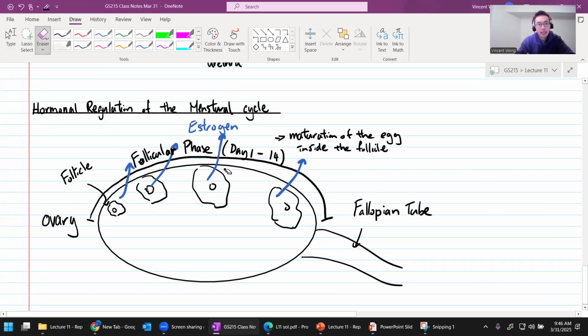At day 14, the egg is now mature and it will get released into the fallopian tube. This is called ovulation.